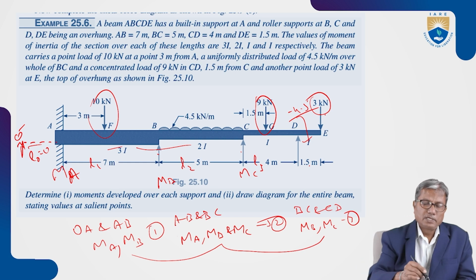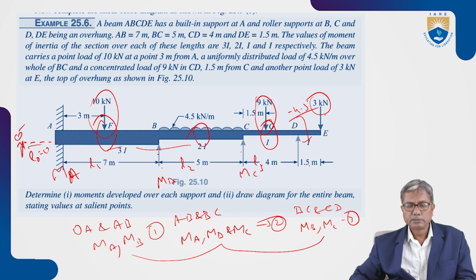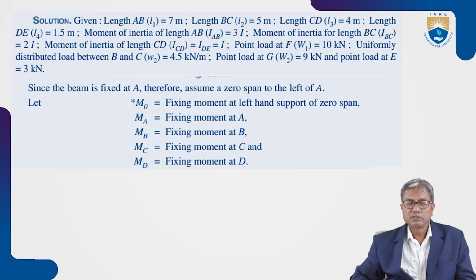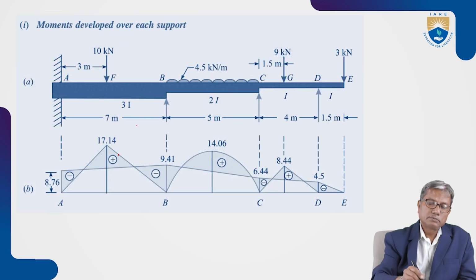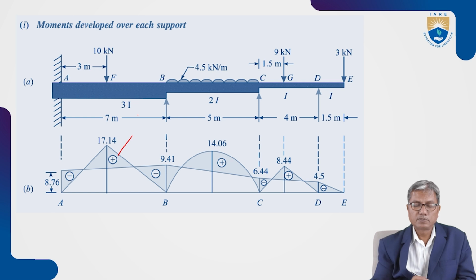And before that, we will find the moments at F, moments at G, and the midpoint of BC, so that we can draw the moment diagrams on AB, BC, and CD. This is all the data that is given. So the moment diagram on AB is this one.